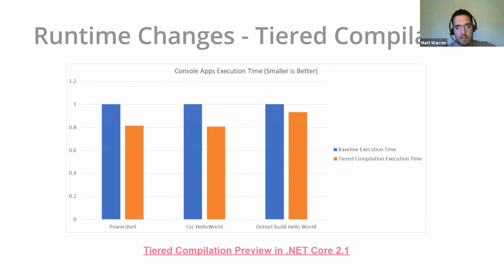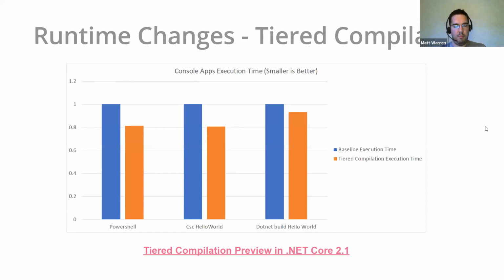And this helps several things, but what the graphs here show, taken from the blog post from Microsoft, is that it can really help on startup time. So in the world of microservices and spinning up Azure Functions and all those sorts of things where you care about startup time, tiered compilation can help.